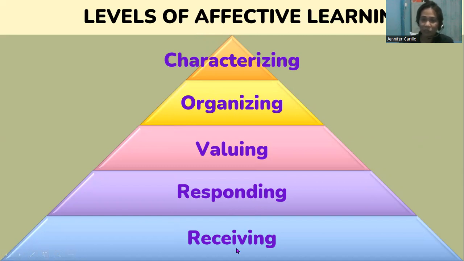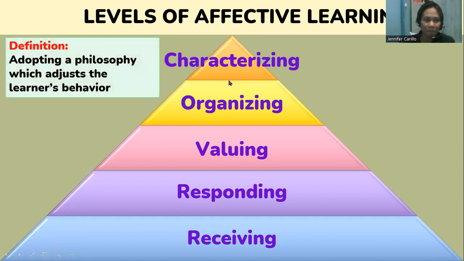First, they need to listen, receive, they need to respond, they need to explain, discuss, exchange ideas, they need to value what is given to them, the lessons, the experiences, the tests, the challenges. They need to organize their values. And lastly, they need to build the character. And we call it characterizing.